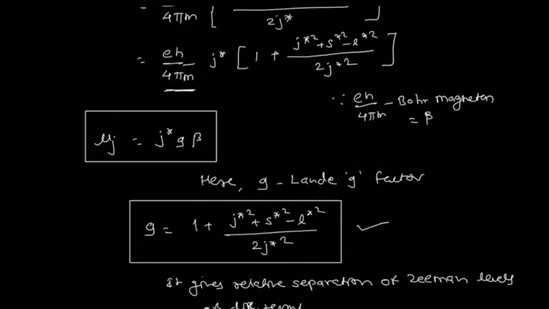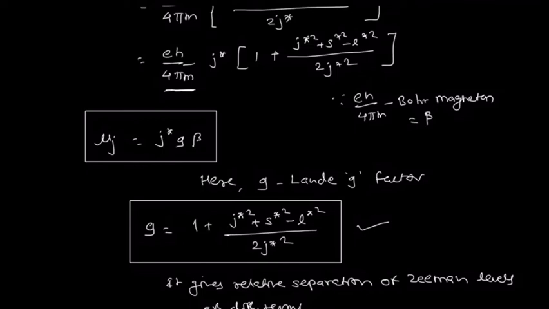It means if a single state gets split into multiple levels, in that case it plays a very important role in the splitting of each Zeeman level. g is equal to 1 plus (J*² + S*² − L*²) divided by twice J*². Hence, Landé's g factor is an important term to explain the anomalous Zeeman effect, since in that case electron spin is introduced.